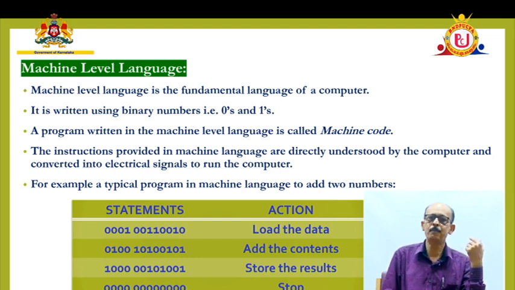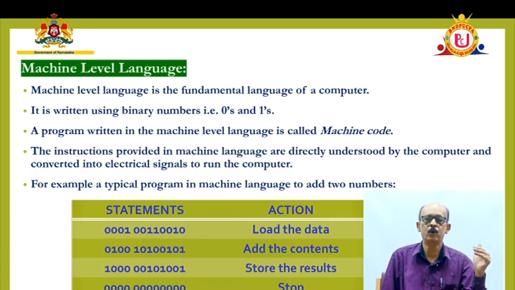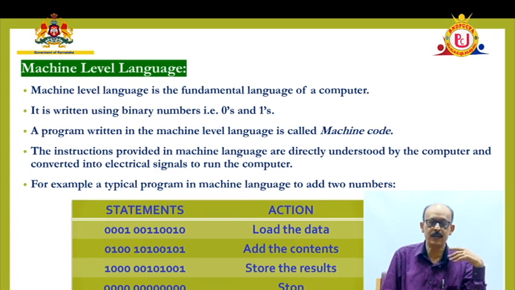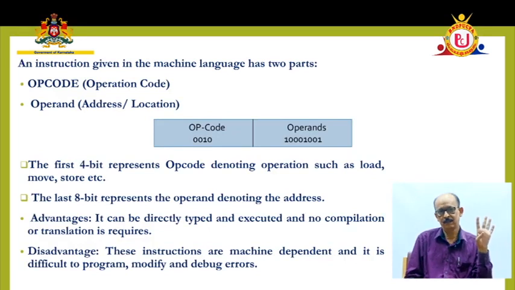When we go to the next part, I told you every instruction will have 2 parts. One is called the opcode. That opcode is nothing but the operation code. What is to be performed? With what, the set of operands. The first 4 bits in an instruction.